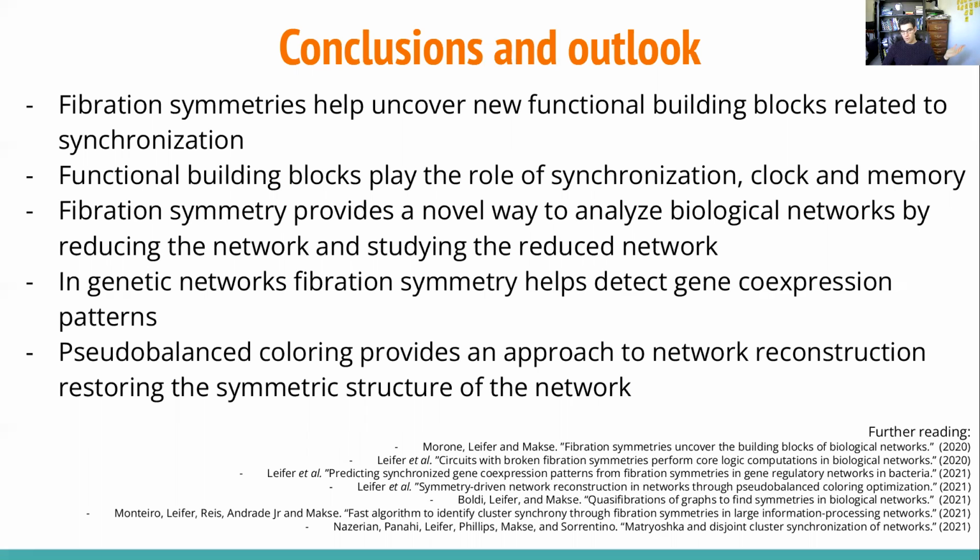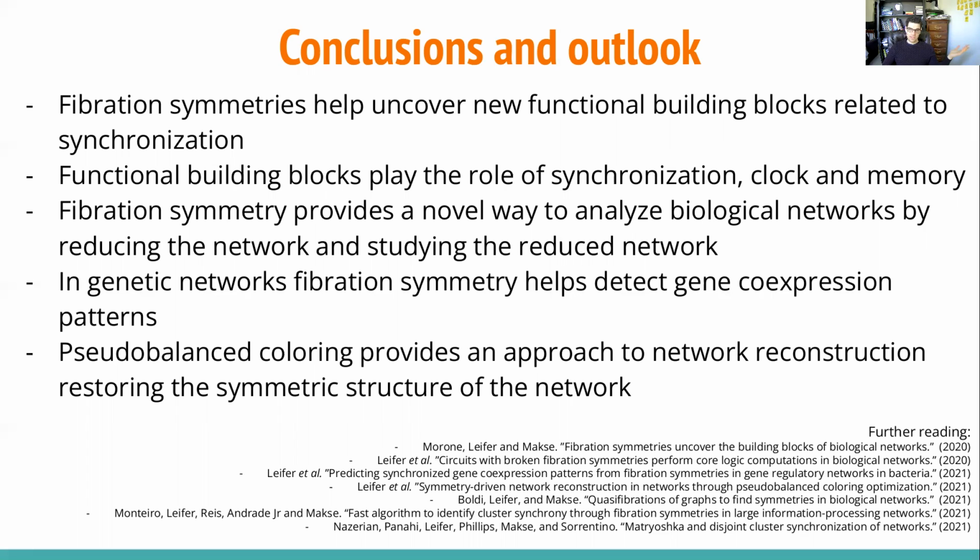Furthermore, fibration symmetry provides a novel way to analyze biological networks by reducing them and studying the reduced network. That's what I demonstrated. Using these advances, we can create this reduced network, and we study it.